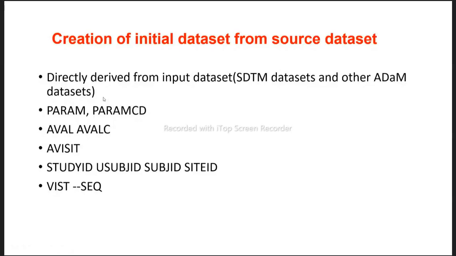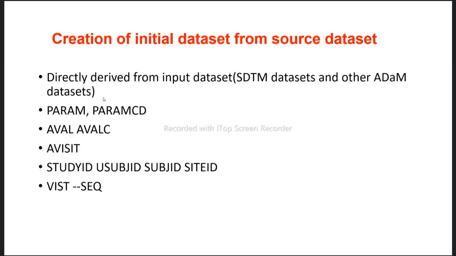Sorry. Whenever you want to create a BDS data set, first we should start by creating an initial source data set. I told you the source data set we can create from any findings main data set plus its supplementary. We transpose the supplementary back, and then we merge that with the findings main data set. That's how we create a source data set.